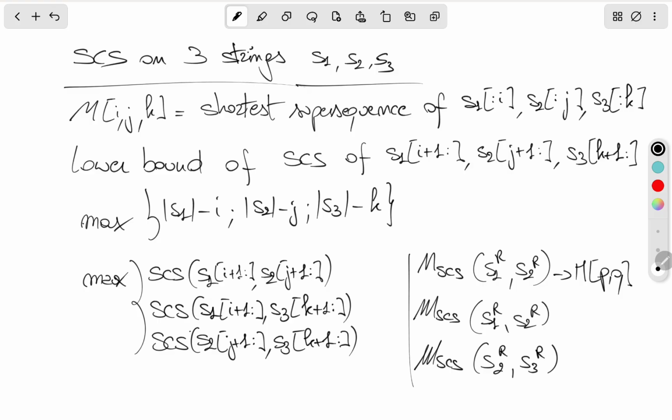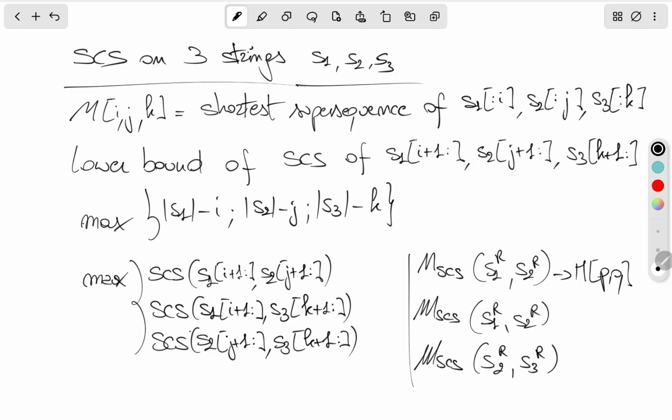So this means that I compute the three shortest common supersequences once. I keep the entire matrices, and then any time that I need to compute a lower bound, I only have to read the values in the three dynamic programming matrices. So I'm not computing supersequences after supersequences. Three computations and that's all.